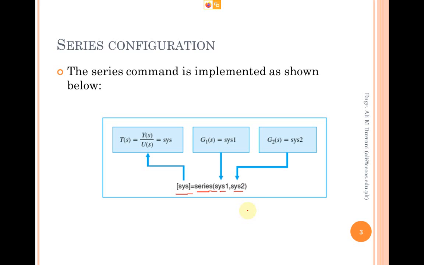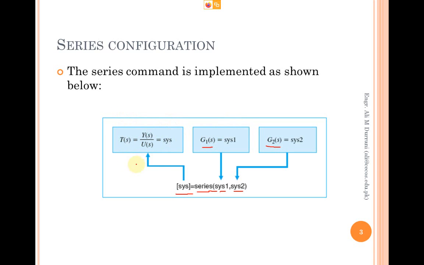You can define these systems as g1, g2, or give any name to these variables, like a, b, c, d, but mostly the transfer functions are defined as g1 or g2 and so on, and the feedbacks are defined as h.